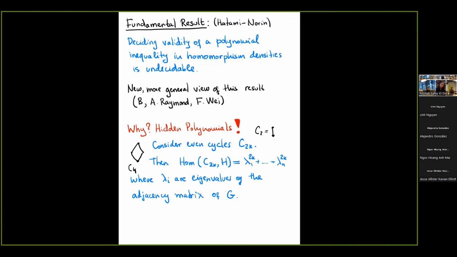I'm going to focus on just the cycles, and later we will see how to go a little bit farther than the cycles, but for now let's understand what happens with the cycles. There is already a very simple symmetric polynomial here, the sum of 2K powers of eigenvalues. Any questions?